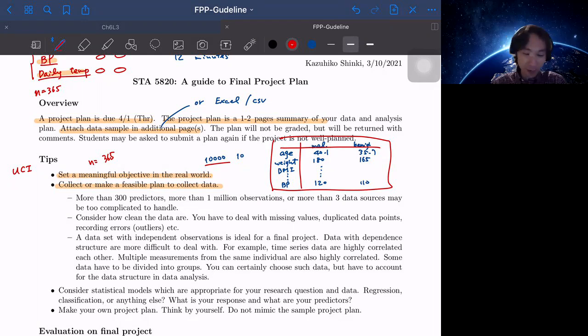For example, you can use a Kaggle data set, but if you set the same objective as the Kaggle competition, then there are already a bunch of existing code available on the website. So sometimes I don't allow that, and I don't specifically prohibit using this data set. But if you use the first source, it's good.